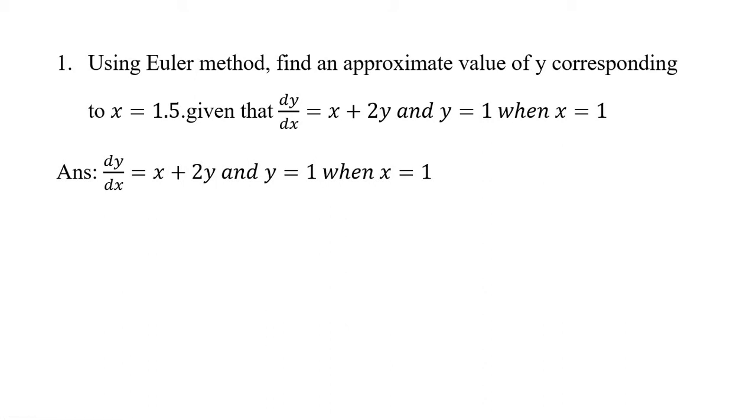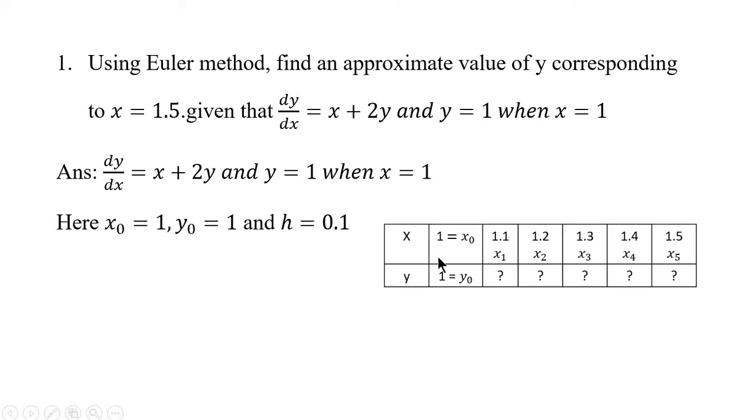Now let us take the step size as 0.1. So when we take 0.1, starting from 1, we can reach 1.5 by taking the step size as 0.1. Construct the table. So we are starting with 1 plus 0.1. Add step size to each previous value of x.